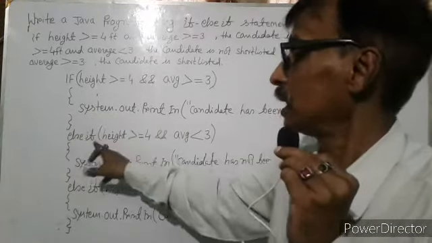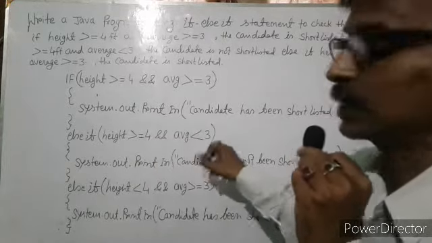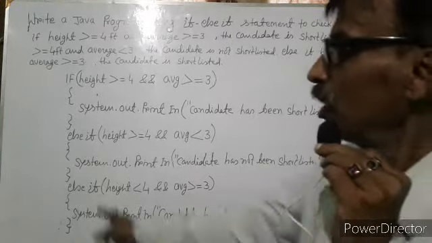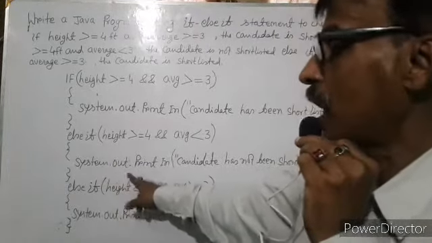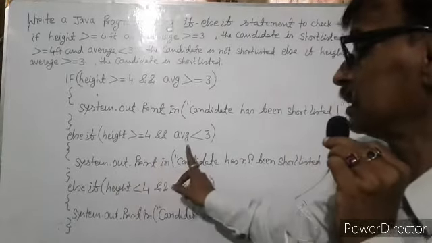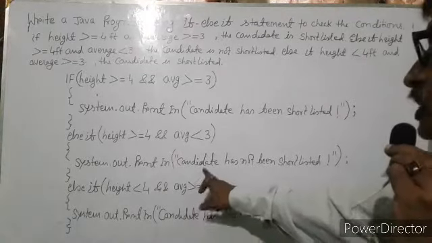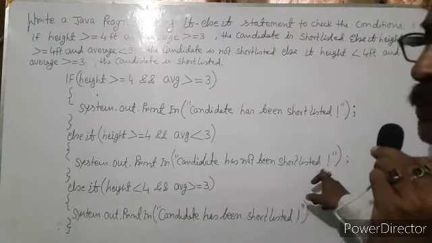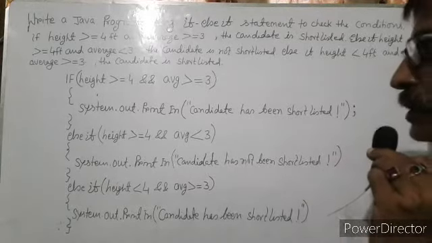Else if height greater than or equal to 4 and average less than 3 parenthesis close. Now braces begin, System dot out dot println parenthesis begin, quotes open, within quotes, candidate has not been shortlisted, sign of exclamation, quotes close, parenthesis close, semicolon.